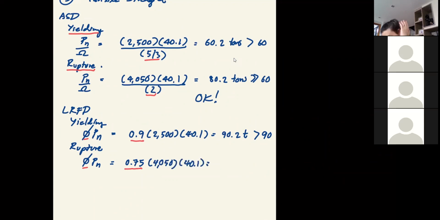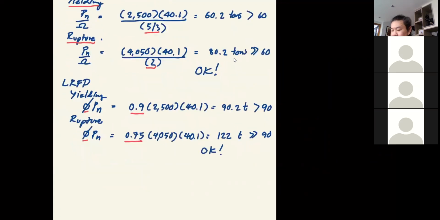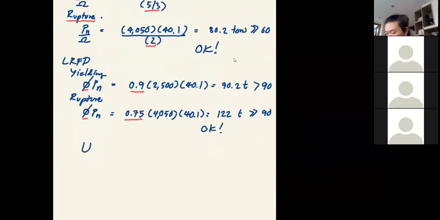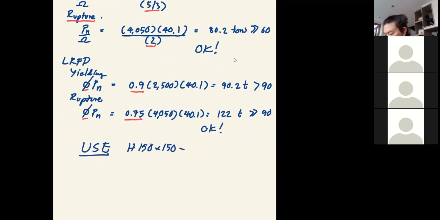This turns out to be 122 tons, way beyond 90. So we get a big OK. In the end, you should summarize that you are going to use H150 by 150 by 31.5 kilogram per meter. So voila, that's the end of your very first design, ladies and gentlemen.